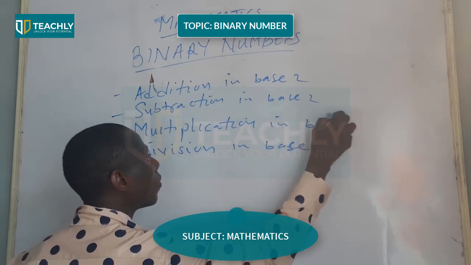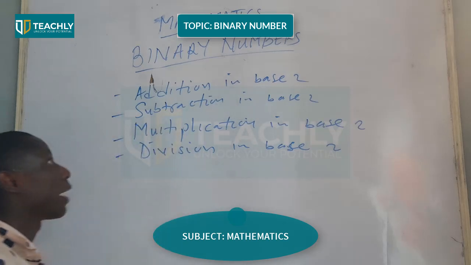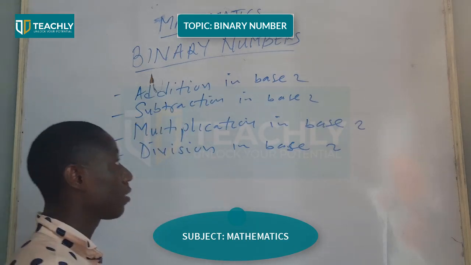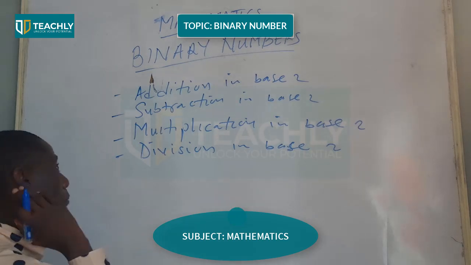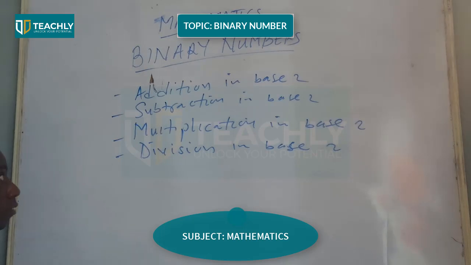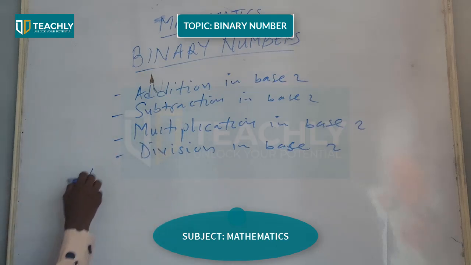So these are what we want to look at under binary number. Generally they are referred to as arithmetic of binary number, that is to add a number in base 2, subtraction, multiplication and division. So let's first start with addition in base 2.